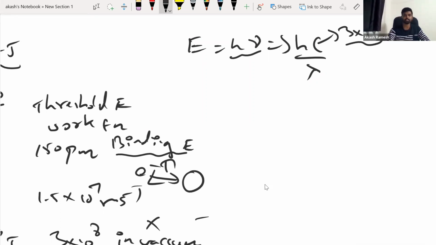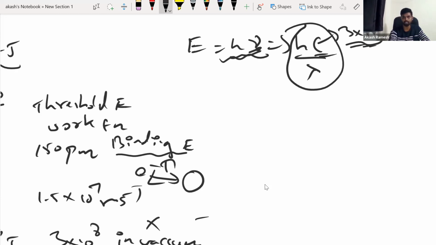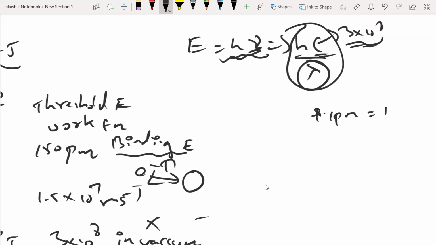For this, you know the c value, 10^8. This is the value you have to use for finding the energy of the incoming light, not this one, because frequency is not given, but wavelength is given. Sir, picometer is 10^-15. A picometer is 10^-12, exactly. Oh, sorry, yes, minus 12.